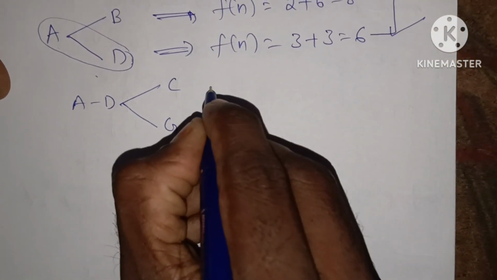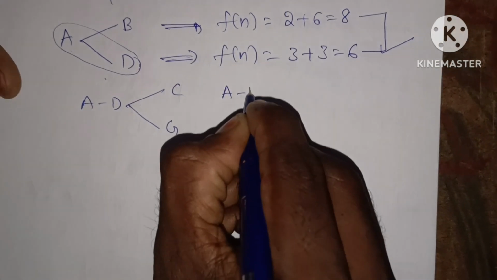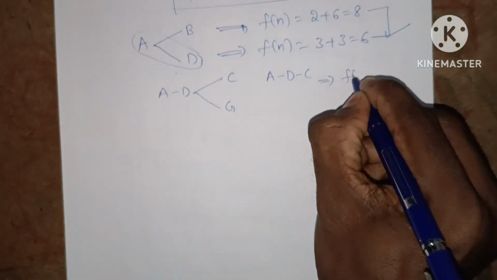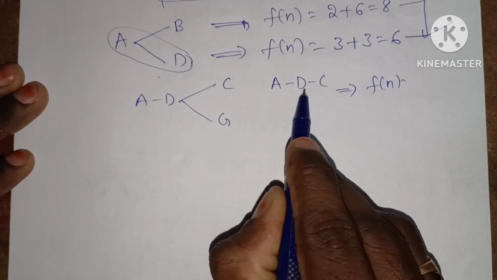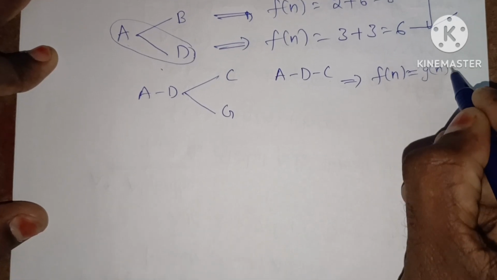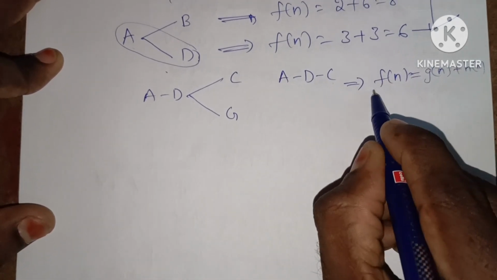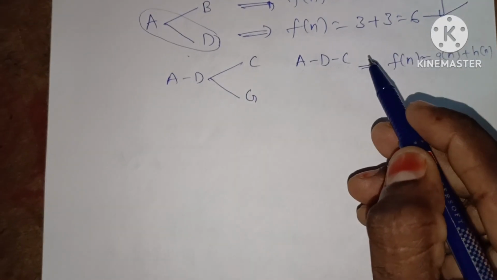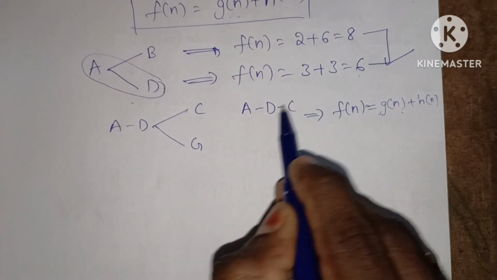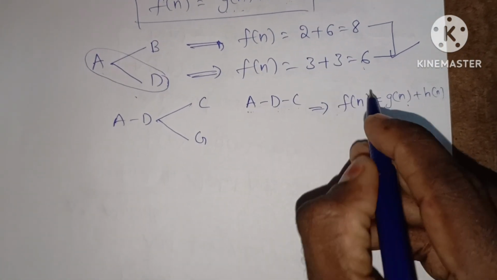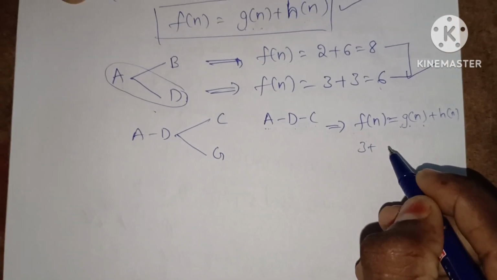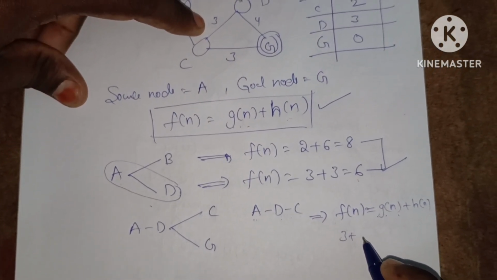Then what is the cost of A, D, C using the A star algorithm? So A to D, D to C. We need to find F of n is equal to G of n plus H of n. G of n for A to D, what is the cost? 3. Then plus D to C cost, 3.